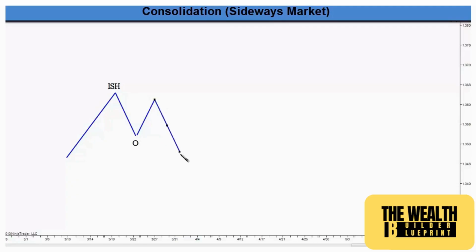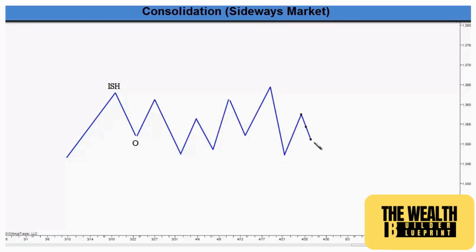And then we may get a move that pushes past our outside return. After that, we may get a move in here, and then a move down that doesn't create a new structure low, and then a move back up that creates another structure high. And you can see that the market just isn't giving a clear direction of which way it wants to move.